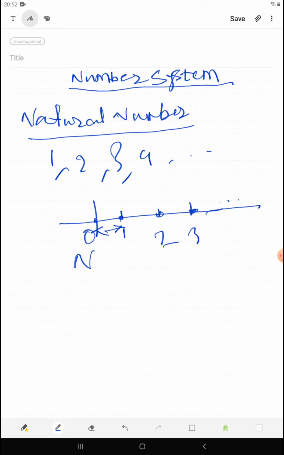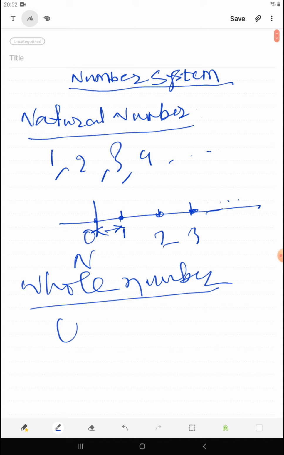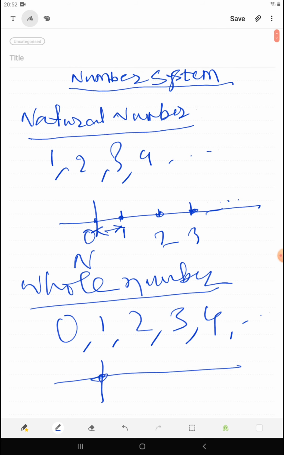Okay, then comes whole number. What is a whole number? A whole number is 0 and the natural numbers, like 0, 1, 2, 3, 4. So all natural numbers with 0 come under whole numbers. A whole number of course includes the origin also.